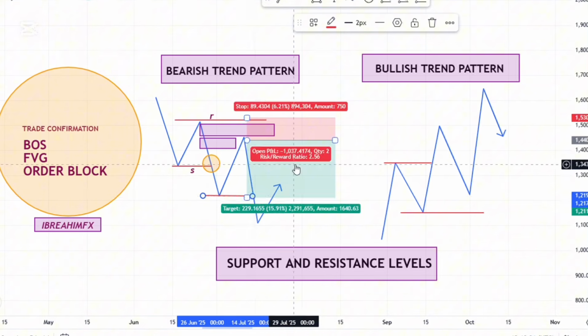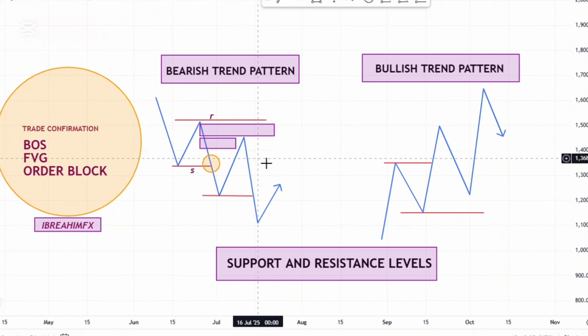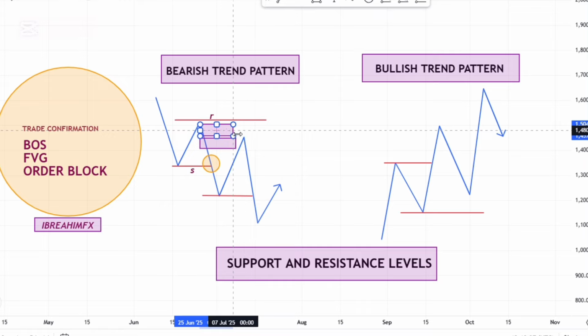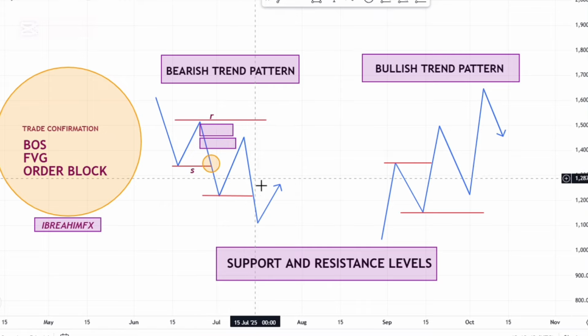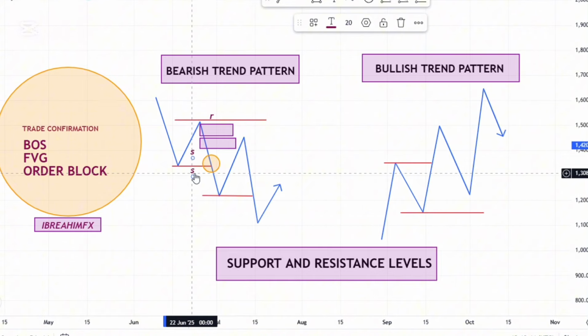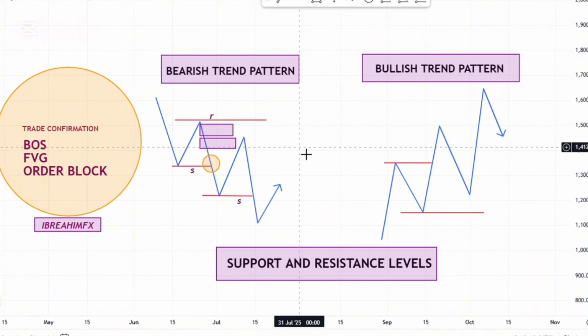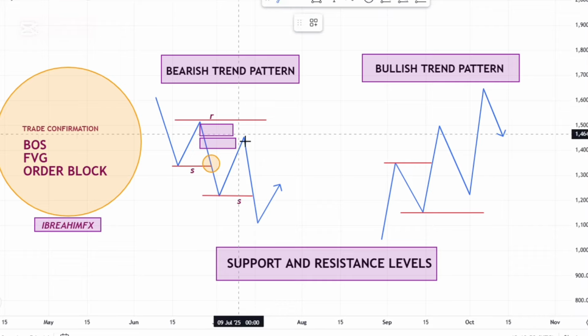Let's use this second trend as another sample. The market breaks another support level right here. We have another resistance level right here.